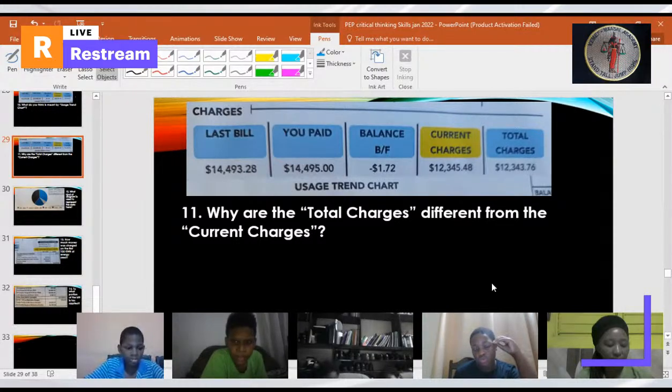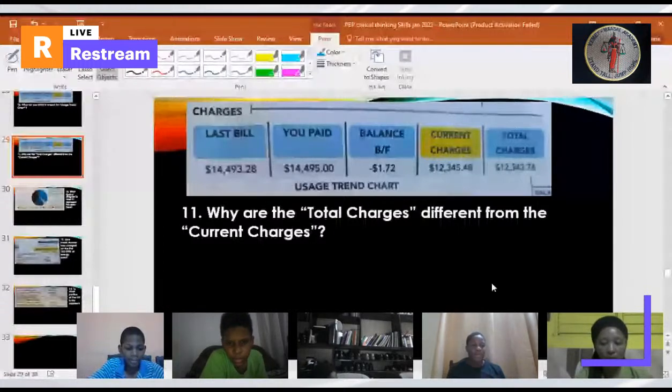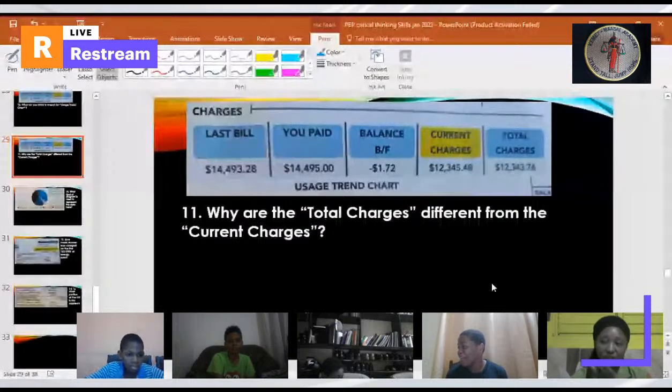Any ideas on that? Miss, would that be the amount of money she needs to pay in all? Yeah, the total charges is what she needs to pay.